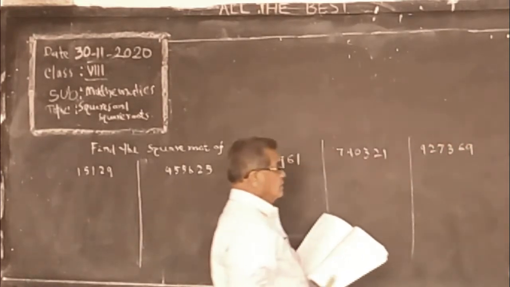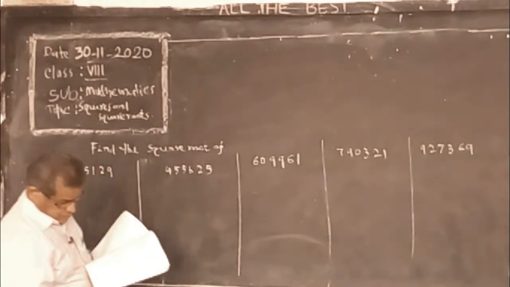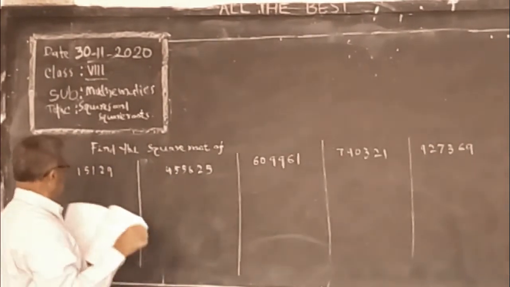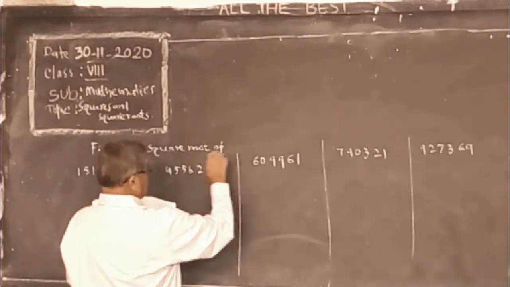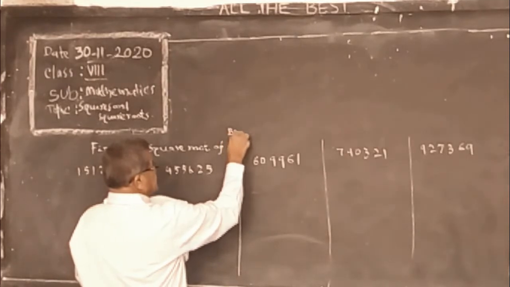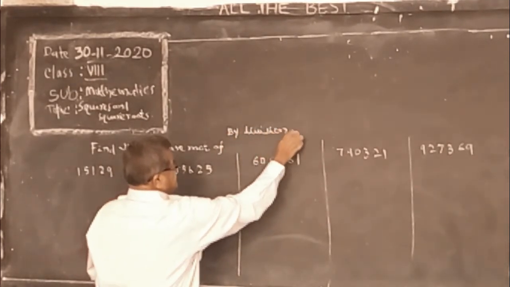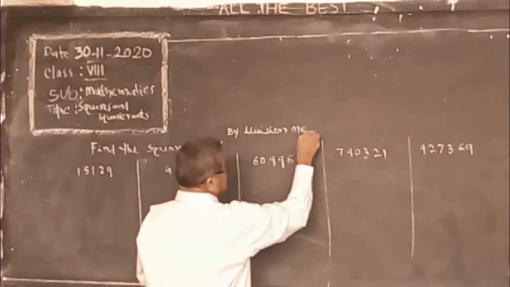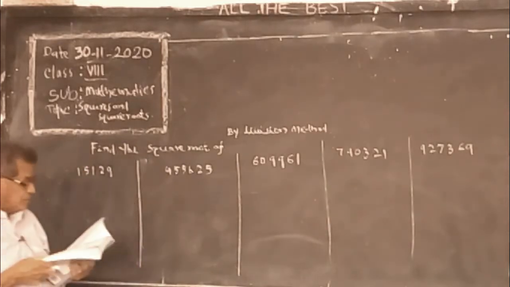Find the square roots by division method. There is a prime factorization method also, but now I am doing it by the division method.